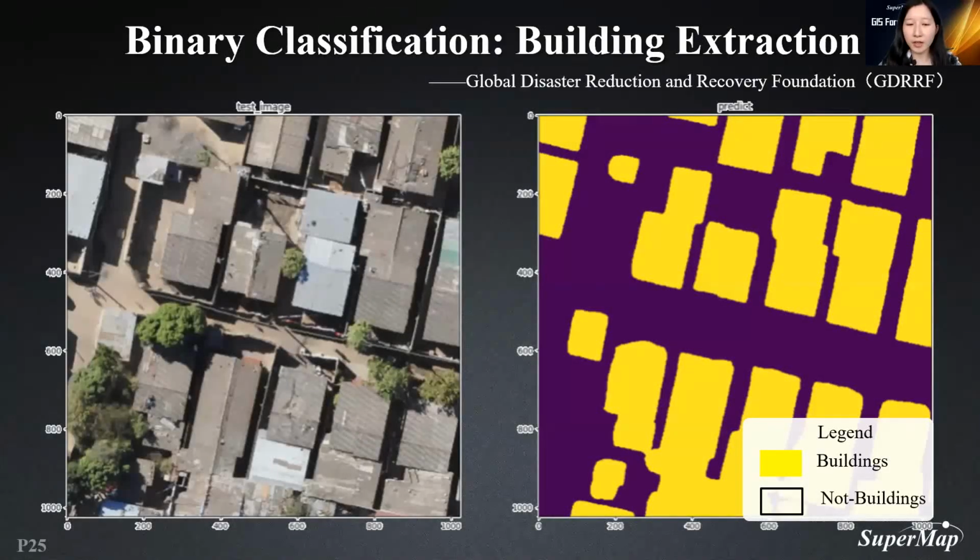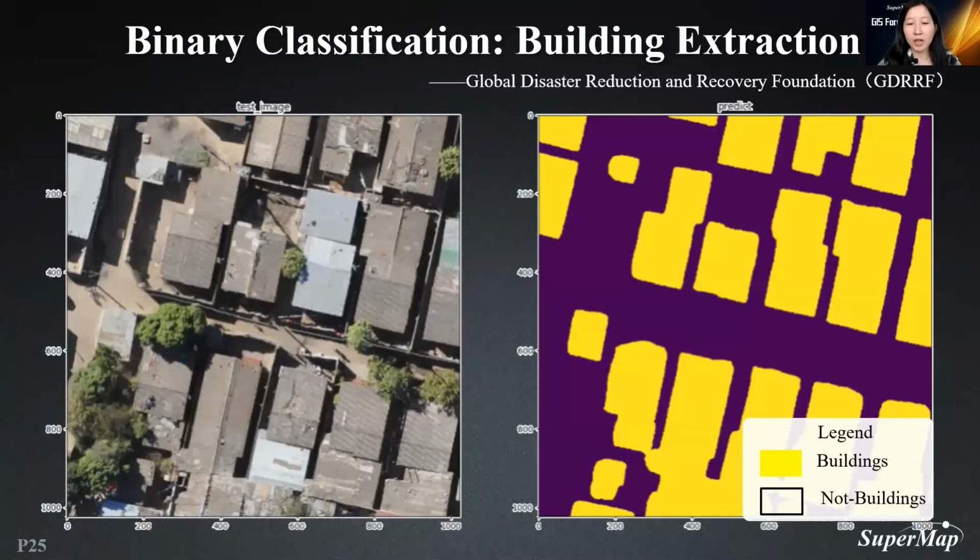Based on this function, we participated in the competition called the Open Cities AI Challenge, building segmentation for improving resilience to disasters, organized by GFDRR, the World Bank. Using binary classification to identify the buildings from drone area images in various cities in Africa. The effect is not bad.